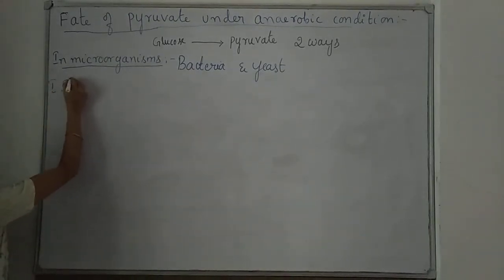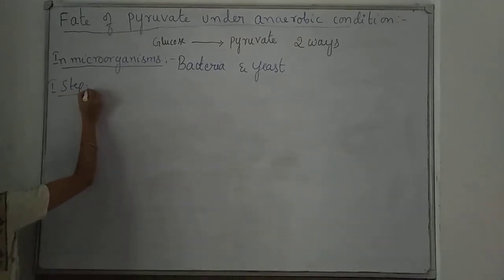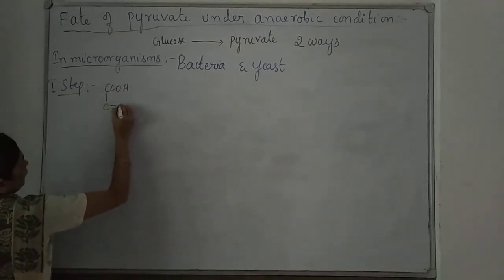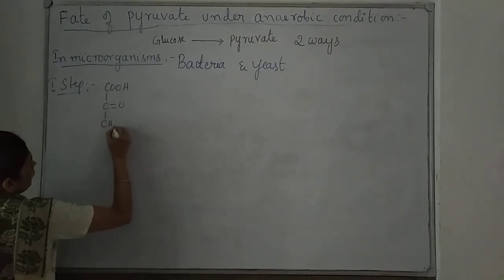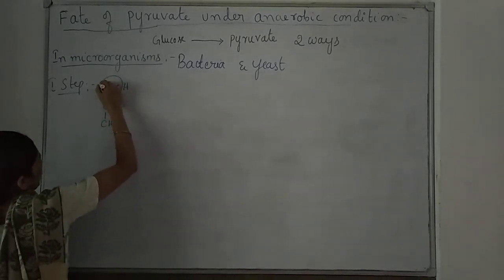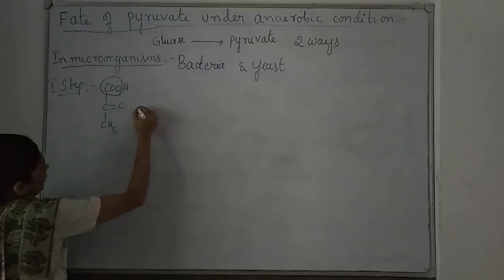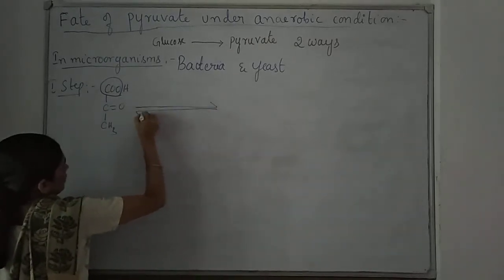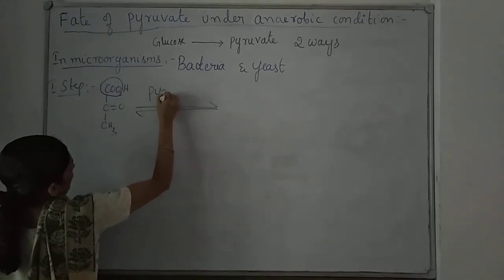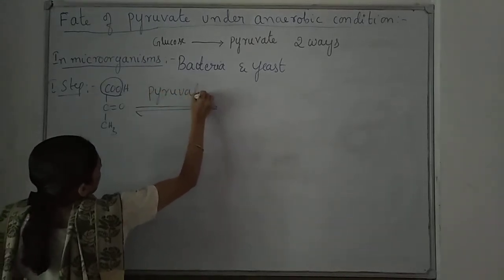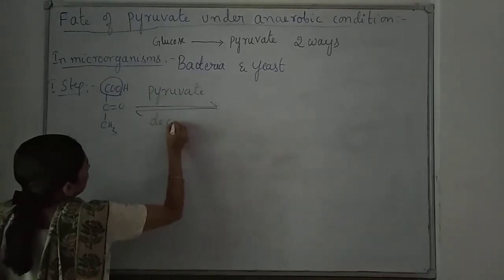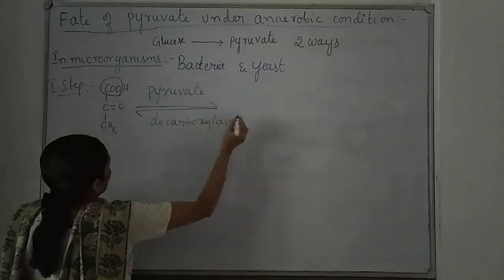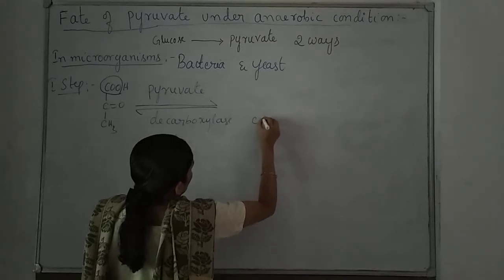In the first step, pyruvic acid undergoes decarboxylation, that is removal of carbon dioxide from pyruvic acid, in the presence of the enzyme pyruvate decarboxylase, to form acetaldehyde.